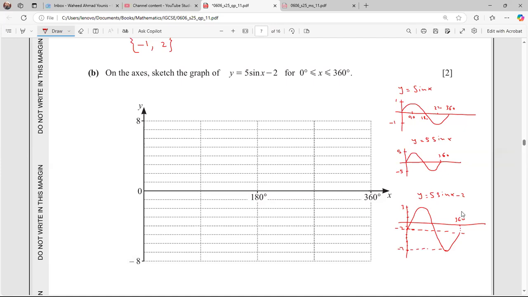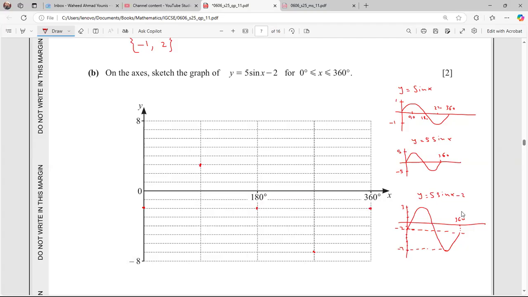Okay, so let's try to make a sketch over here. So start from minus 2, and at 90, this is 90, it is going to be 3. So 1, 2, 3, it will be over here. And at 180, it is going to be minus 2 again. And then 270 is going to be minus 7. And back to 360, but minus 2.